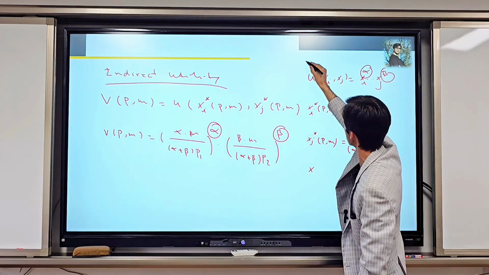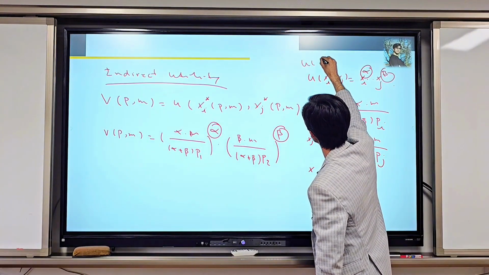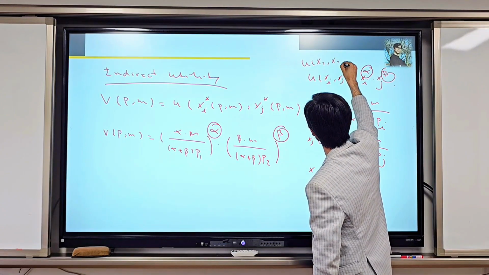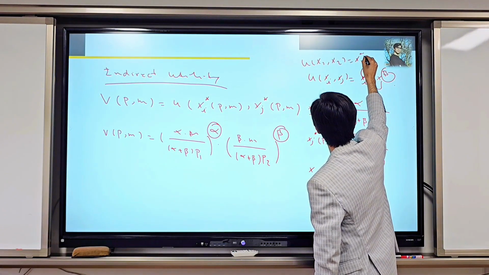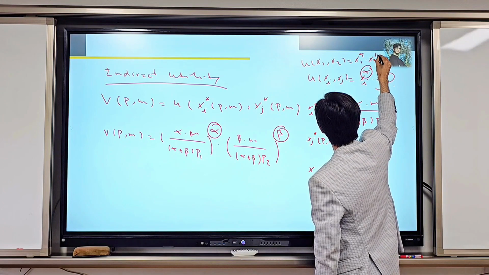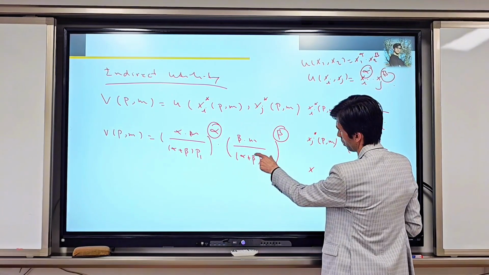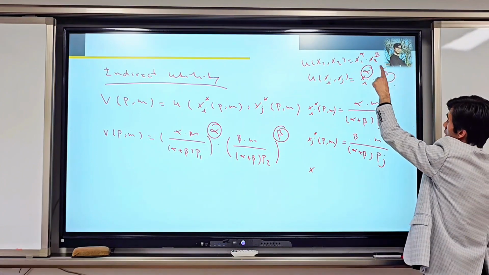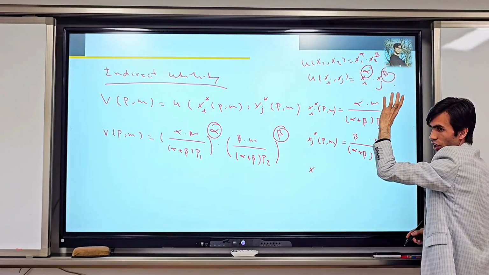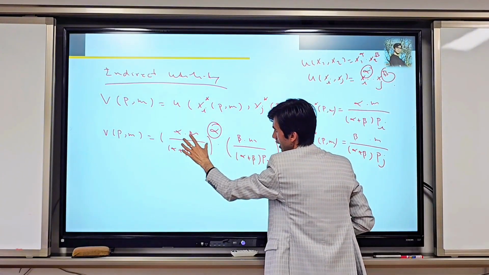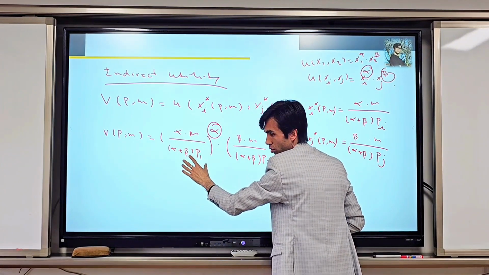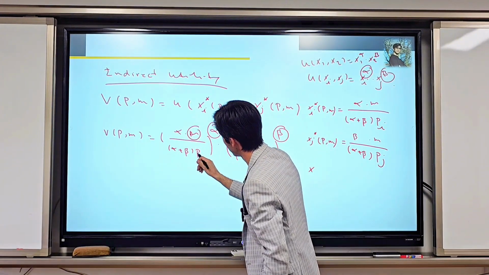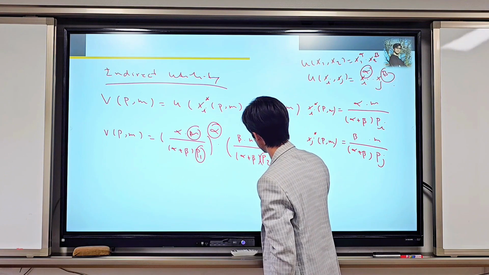For example, let's suppose this is u of x1 and x2, equal to x1 to the power of alpha and x2 to the power of beta. So in this utility function, we have x1 and x2, and also alpha and beta as the share of x1 and x2. But here we no longer have x1 and x2, but rather we have m, p1 and p2.